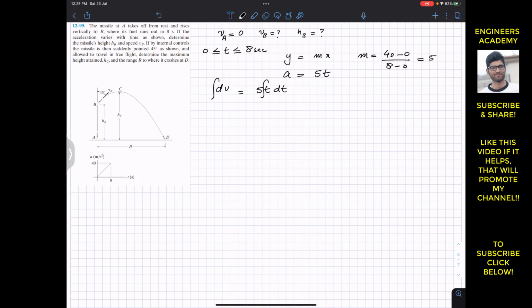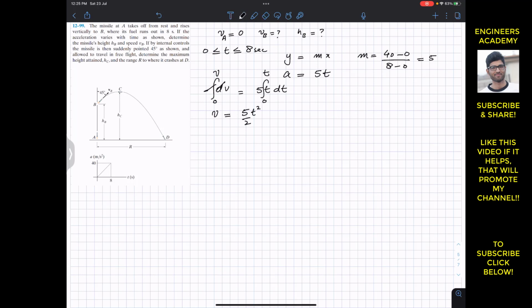We will integrate from initial velocity, which is 0, to v, and this will be from 0 to t. So this will give us v minus 0, so this is v, and this will be 5t squared divided by 2 from 0 to t, and if you put these limits we will get 5 divided by 2 t squared.